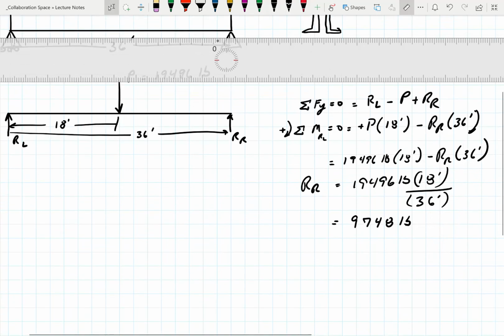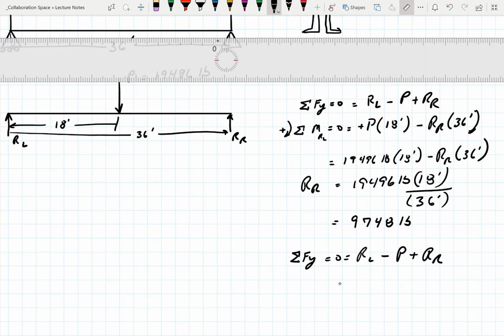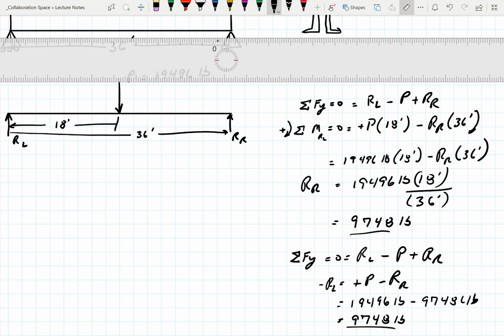And then ultimately, you should go back and do the sum of the forces in y equal to 0, equal to RL minus P plus RR, and we're going to get minus RL plus P minus RR, and we're going to get 19,496 pounds minus the 97,484, and that's going to leave us 9,748 pounds. Okay? So we got our reactions now, right?